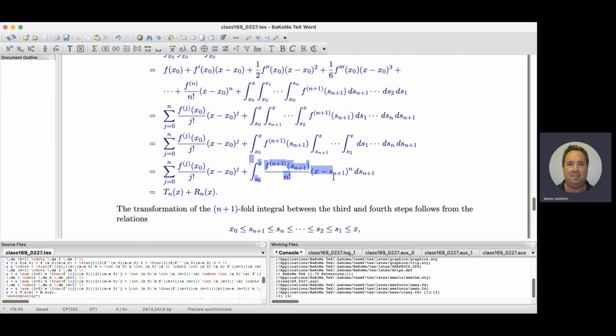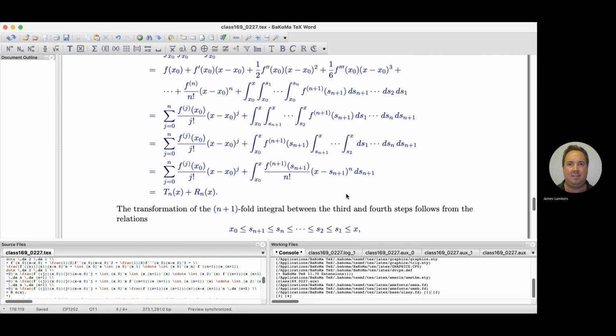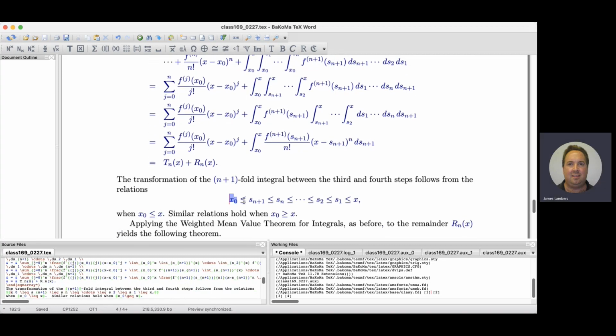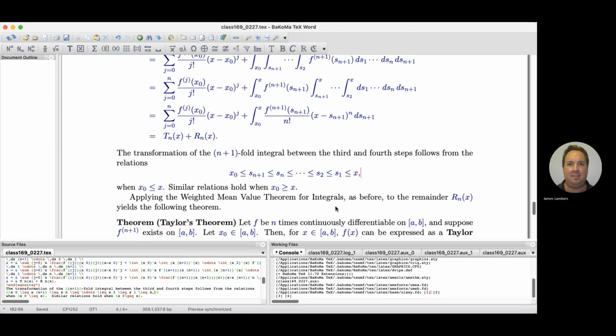And then this right here is the Taylor remainder, but in integral form. And here you see this kind of relationship between the various variables in your integrals. I already used this in the first degree case. But again, we prefer not to have integral form. We want something more useful than that.